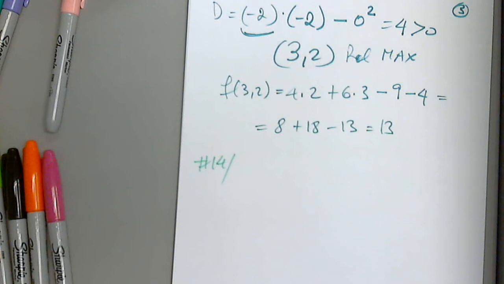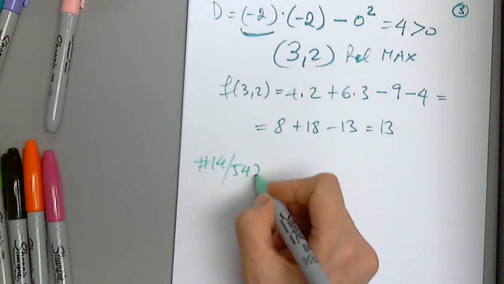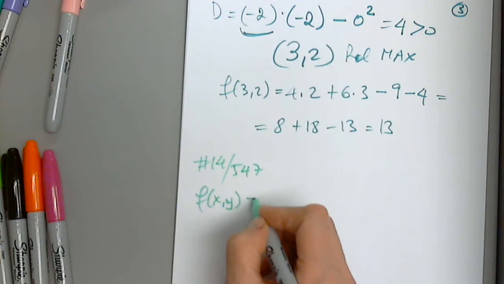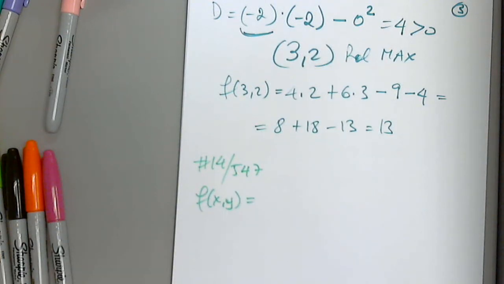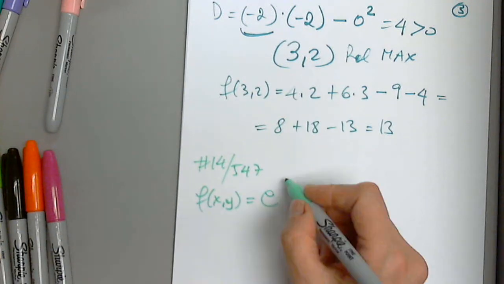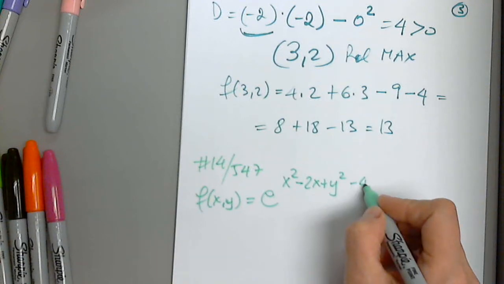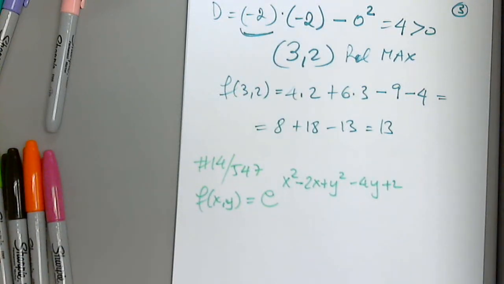Same page, 547. So here it is, f of x y equals e raised to x squared minus 2x plus y squared minus 4y plus 2. I'm checking that I copied it correctly.